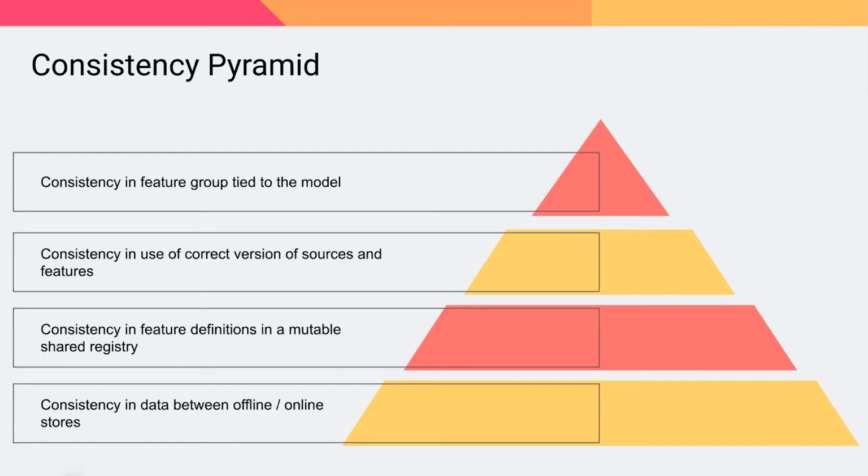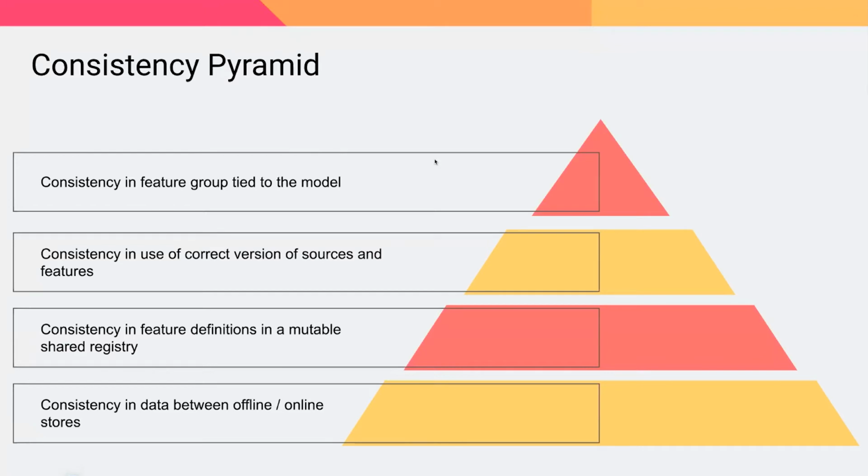If you have a certain model and a model version, we want to be able to have the features used for that model be grouped together so that when this model is being developed by somebody else in the future, it's all tied together. So there's no chance of, oh, I forgot to mention this feature, or I mentioned the wrong version of this feature. There's an immutable structure that captures what was used for that model, and that will persist. So that's the consistency pyramid.